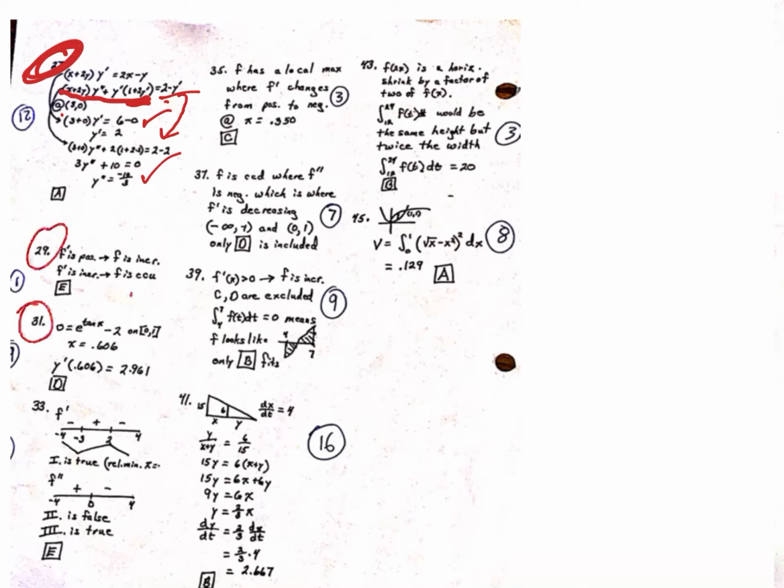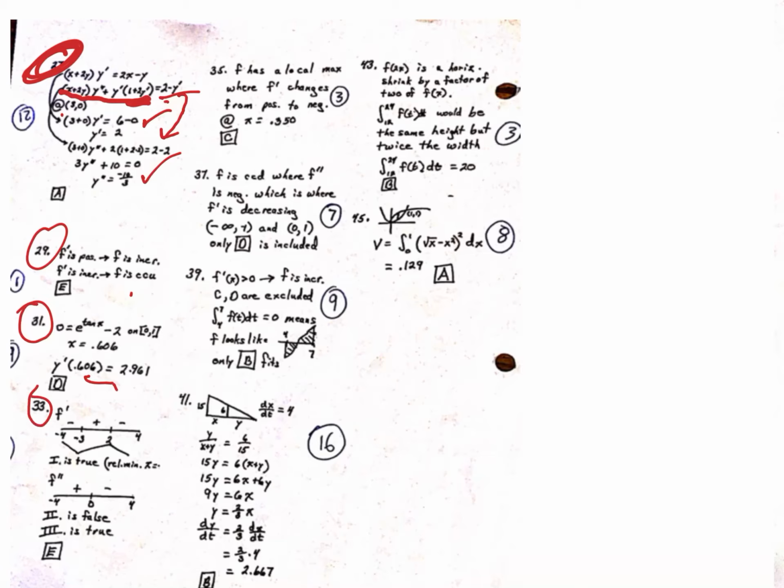Not sure if people noticed, but once we're on 31 now, so calculators are allowed. We were looking for when that crosses the x-axis, and so I just set that equal to 0 and solve, and then I'd plug that into the derivative, or I would just take the derivative at that point, use the numerical derivative function on my calculator to get that answer that we needed there.